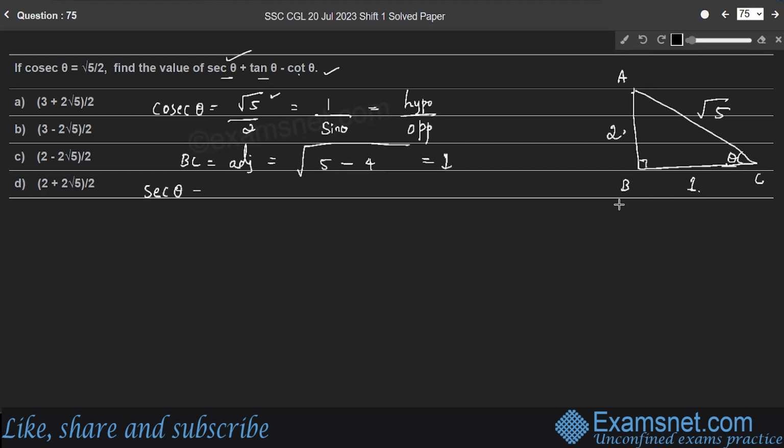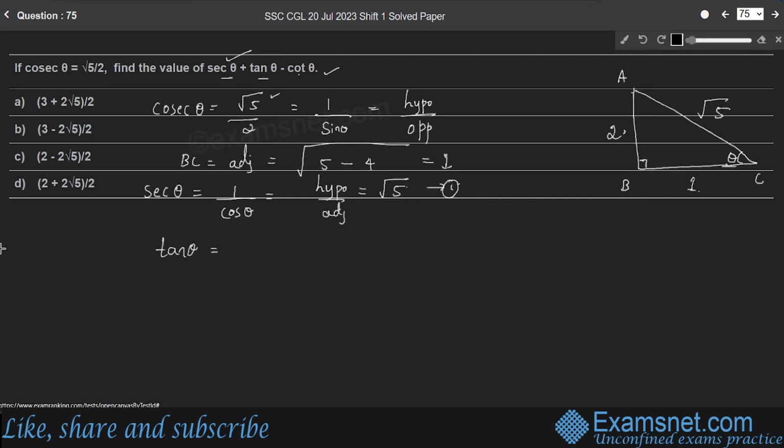Secant theta. What is secant theta? Inverse of cos theta. Since cos theta is adjacent by hypotenuse, secant theta becomes hypotenuse by adjacent. So it becomes root 5 by 1, which is root 5. Consider this as 1. Next comes tan theta. Sin theta by cos theta is tan, or directly you can consider it as opposite by adjacent.